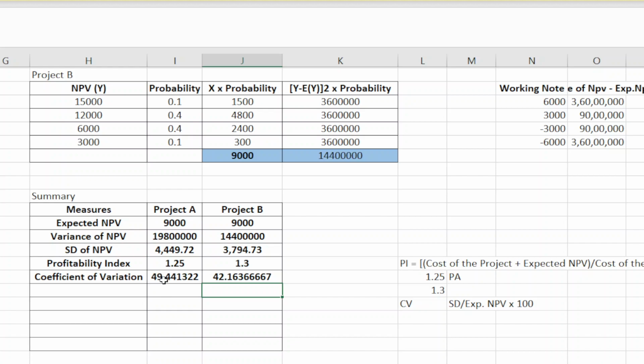Project A has 49.44% variation, whereas project B has 42.16% variation. That means project B has lesser risk compared to project A. Hence, we recommend project B. The company can opt for project B over project A because of the lower risk associated with project B.